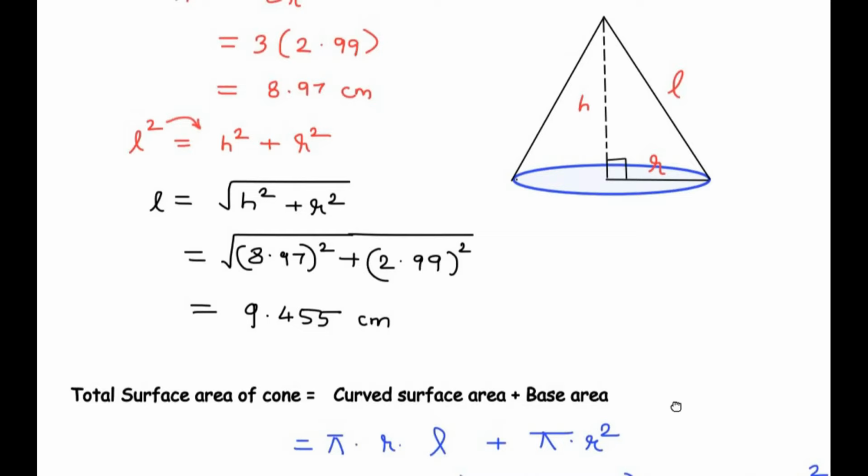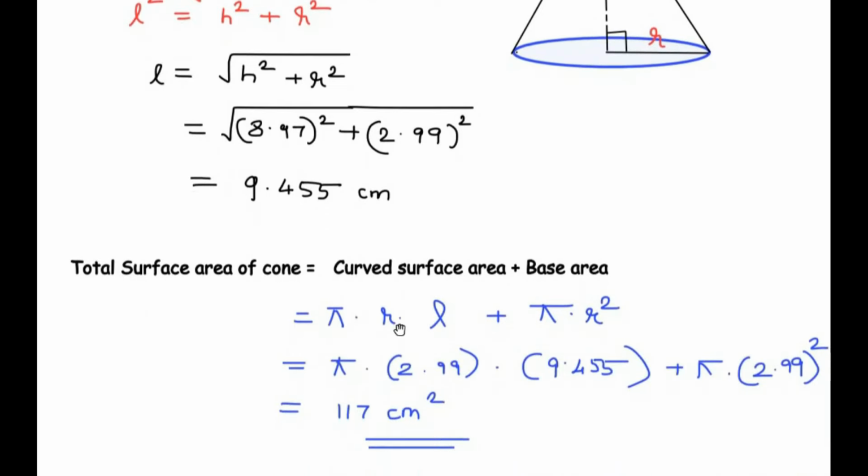Now formula for curved surface area is already given as pi r L, and the base is a circle, so we have made use of the area of the circle formula, pi r square. Now substituting their respective values, that is pi times 2.99 times 9.455 plus pi times the radius 2.99 square. Now solving this, we get the total surface area of the cone as 170 centimeter square.